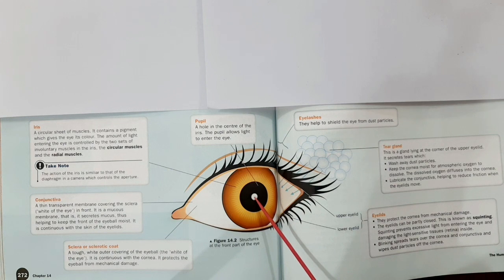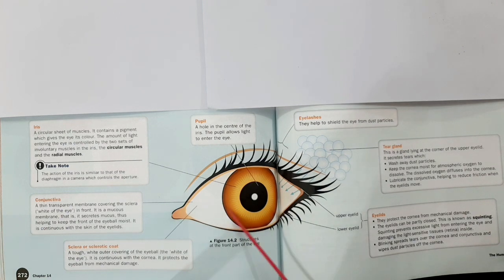The pupil is very clear, and another very clear portion is the sclera. Above the sclera there is a membrane-like structure known as the conjunctiva. The conjunctiva provides lubrication to the eye, it is protective, and it continues with the skin of the eye.